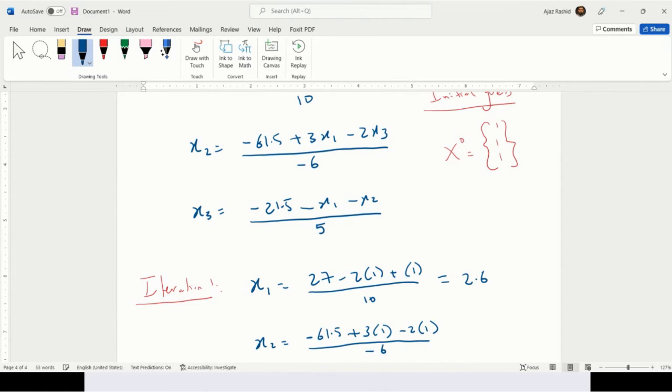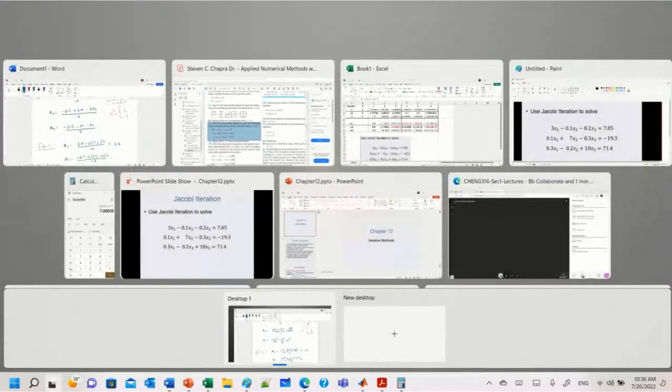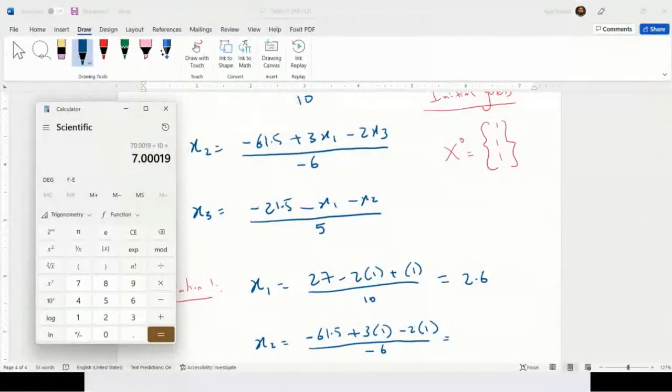X2 is minus 61.5 plus 3 minus 2, divided by minus 6. So minus 61.5 plus 3 minus 2 means plus 1. So that's minus 62.5 divided by minus 6. Where is the calculator? So 61.5 plus 1, 62.5 divided by 6. Minus and minus cancels. So I have 10.417.